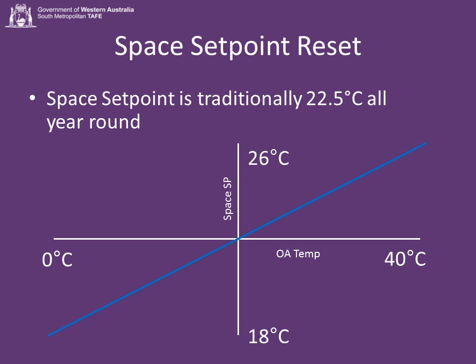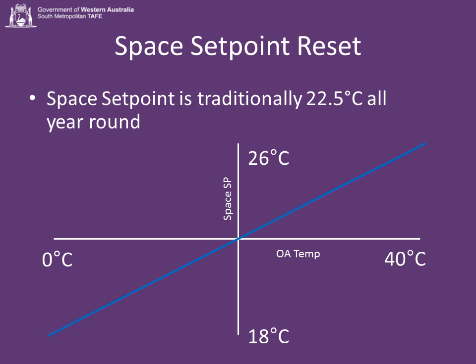Traditionally, in Perth, we control our room set points to 22.5 degrees. The reason we do this is because although 23.5 degrees is the ideal temperature for Perth, 22.5 degrees is the ideal temperature if you're wearing a jacket and tie. So we traditionally control our set points to 22.5.